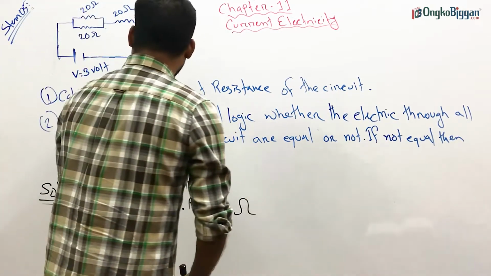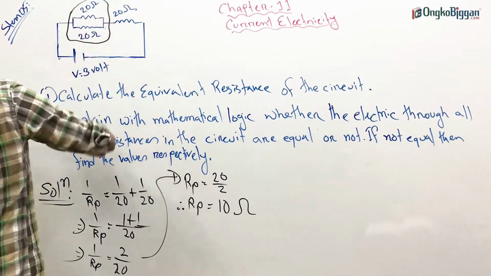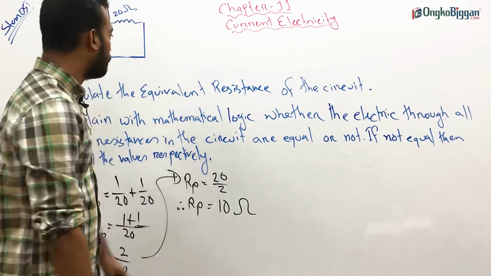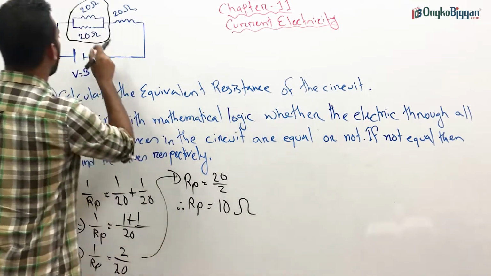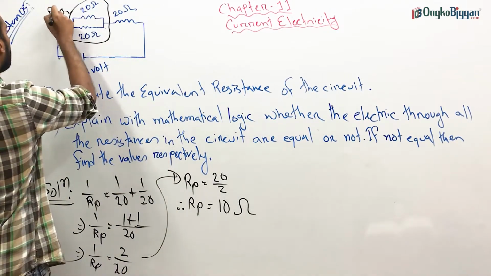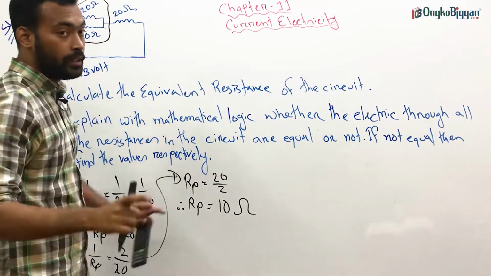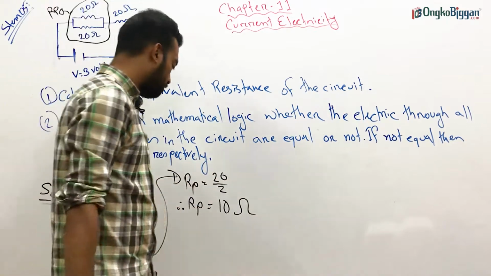So the value of Rp, that means the equivalent resistance for these two resistances, is 10 ohm, and this is Rp. So this Rp and this 20 ohm resistance are in series.